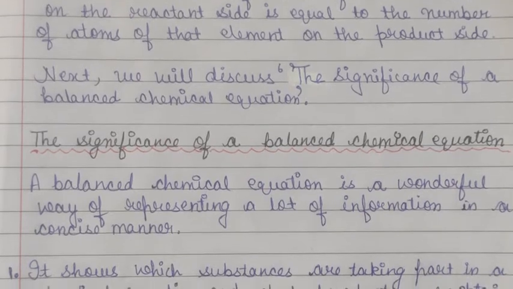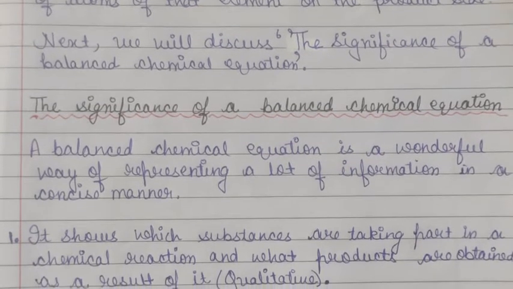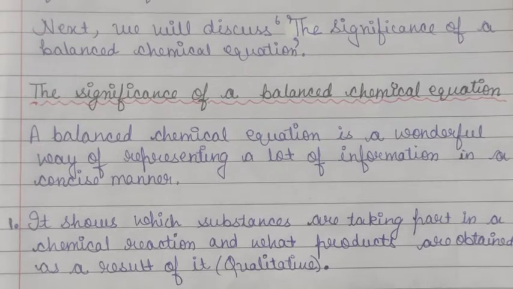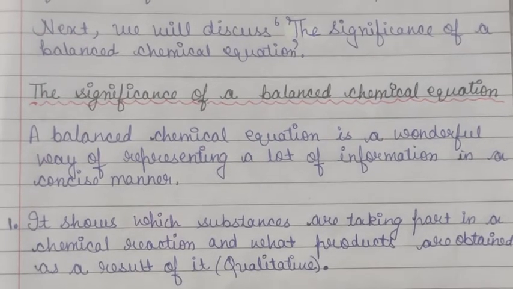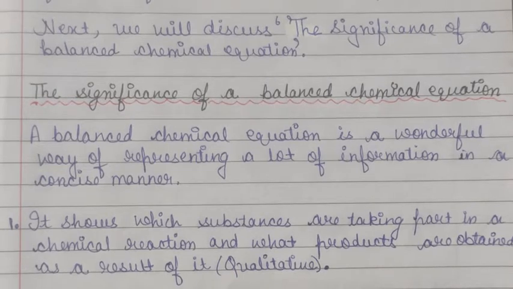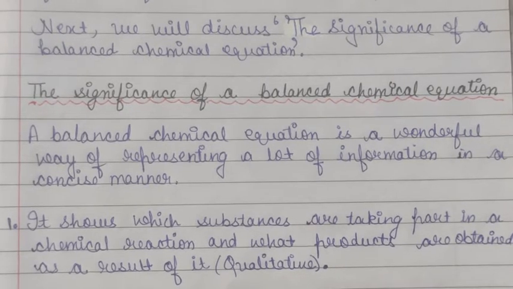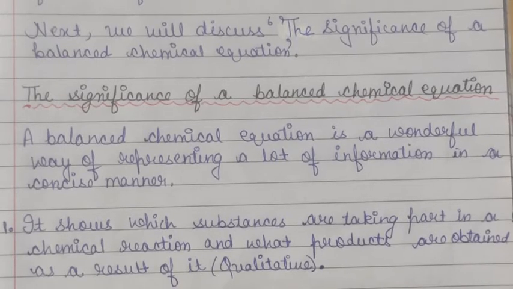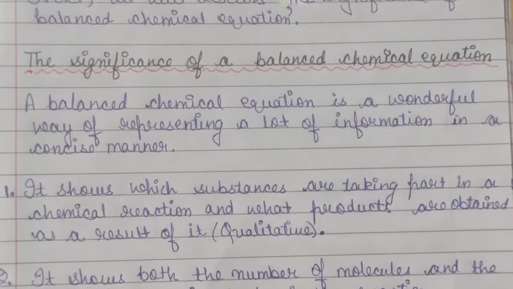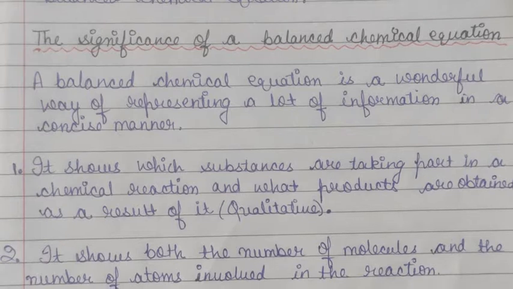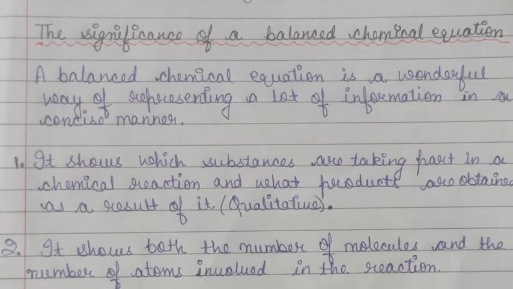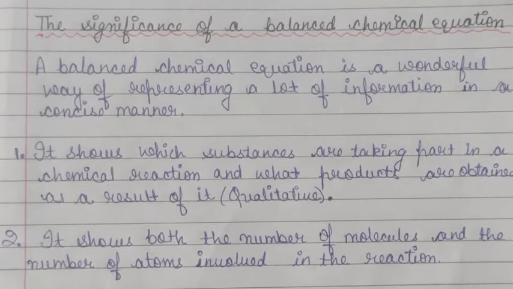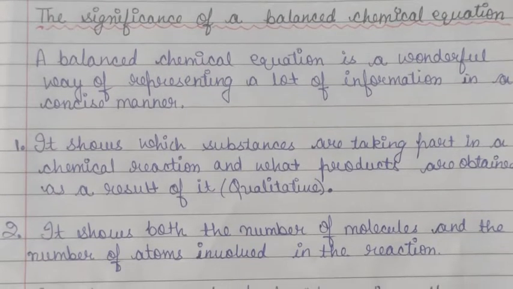Number one, it shows which substances are taking part in a chemical reaction and what products are obtained as a result of it, which is qualitative. Number two, it shows both the number of molecules and the number of atoms involved in the reaction.